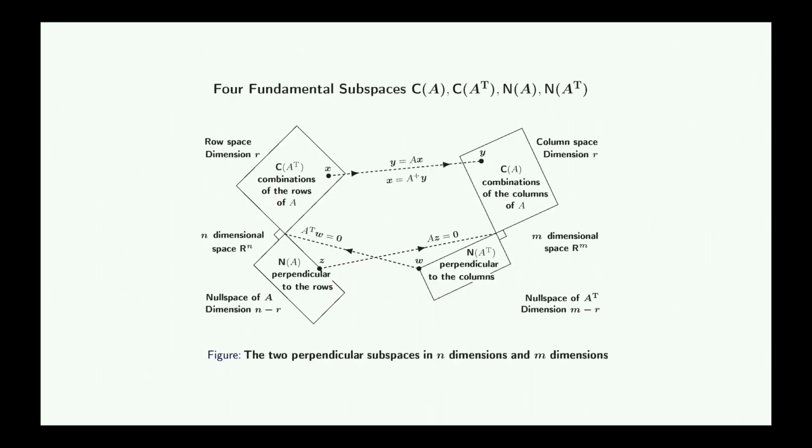Oh, and I thought I'd show a picture, the big picture of linear algebra, before, and then you'll see it again when you know more about it. But this is the picture that we're aiming to understand. The column space is up on the top right, and the row space is on the top left. And again, for an invertible matrix, that's the whole space.